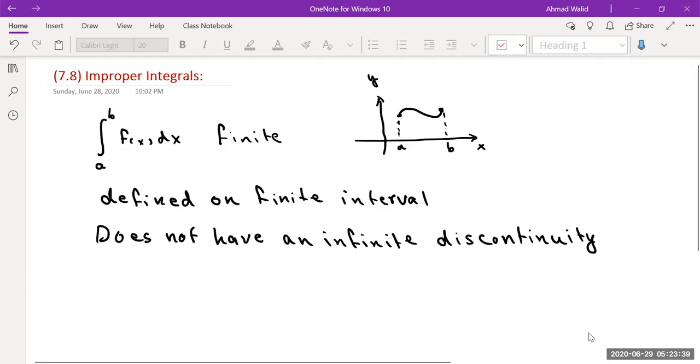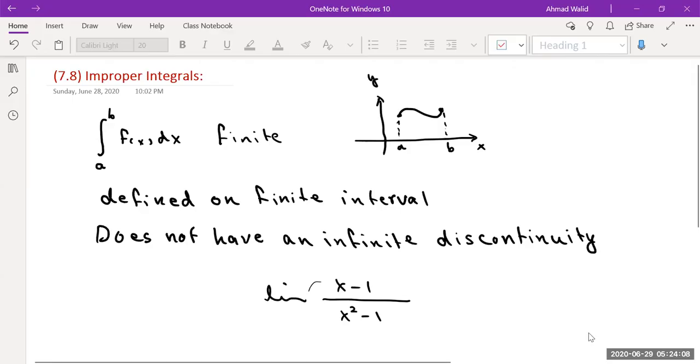Hopefully, you know. A hole means if you have, for example, a rational function like x minus 1 over x squared minus 1, here your function has a hole, because if you factor the denominator, you can cancel x minus 1 with x minus 1.